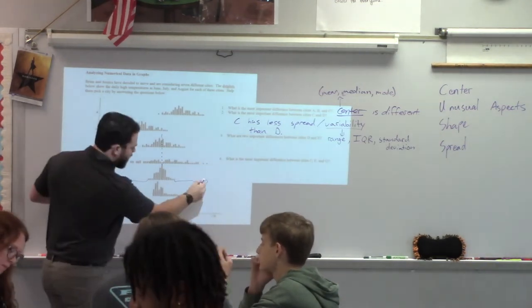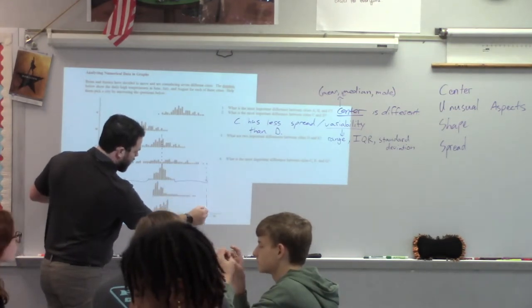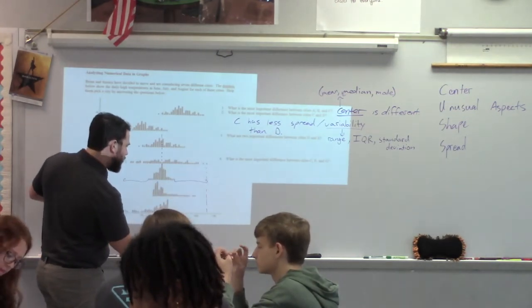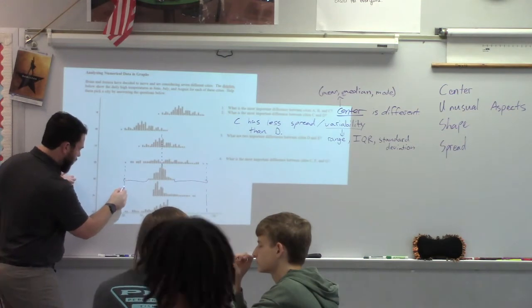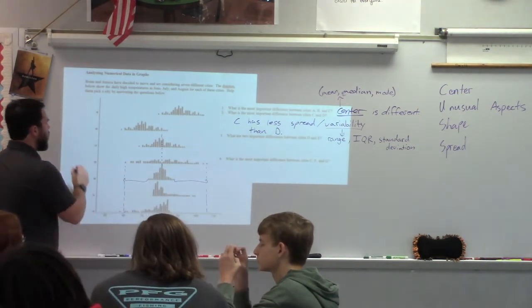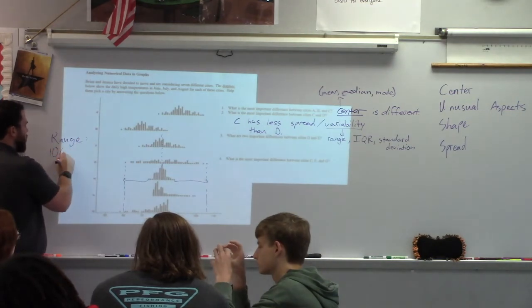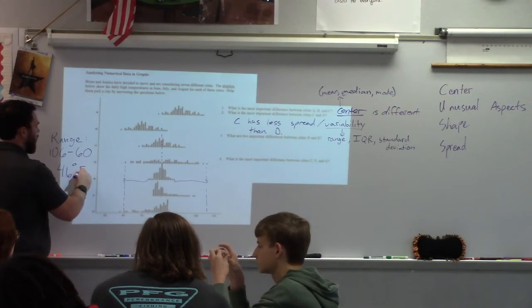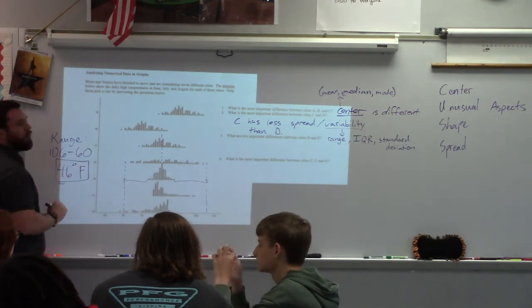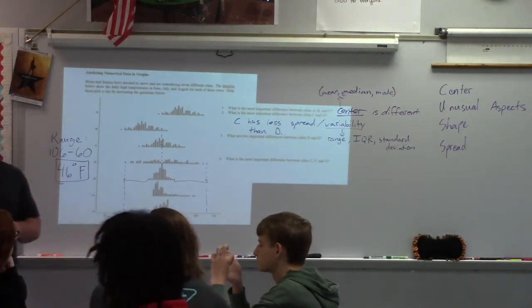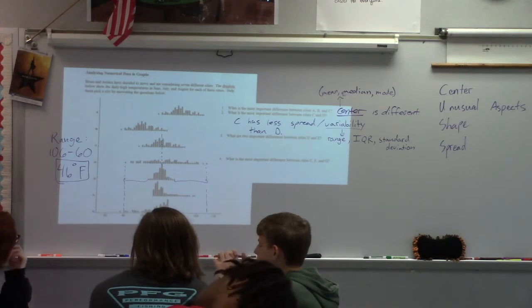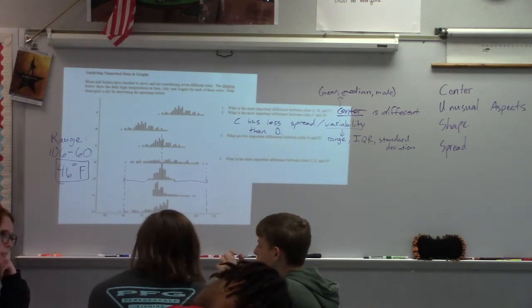So let's say that this maximum value is 106. The minimum looks to be about 60. The range for both of those would be 106 minus 60, or 46 degrees Fahrenheit. You use a single number in statistics to describe the range. The range is just the max minus the min, okay?